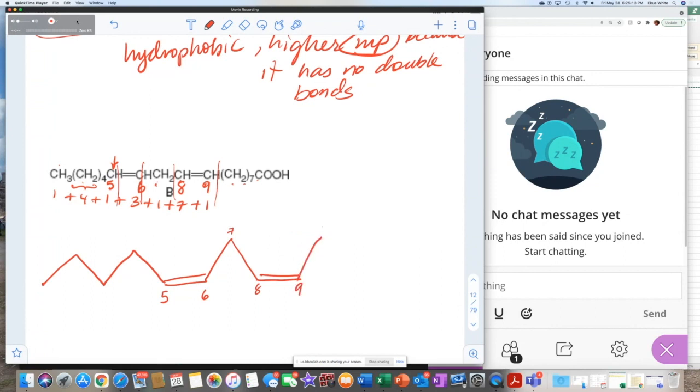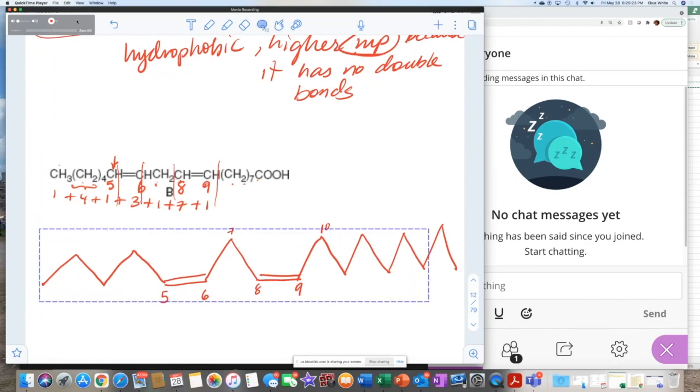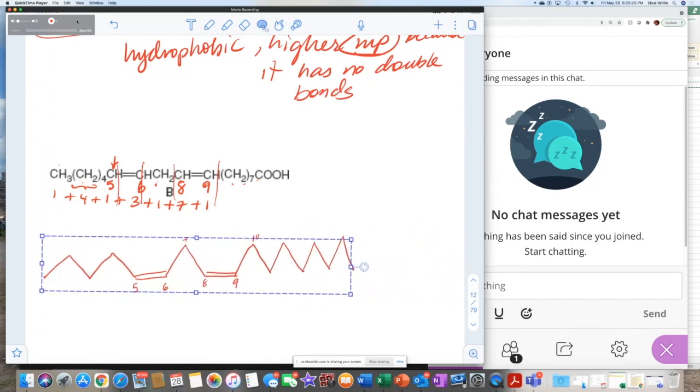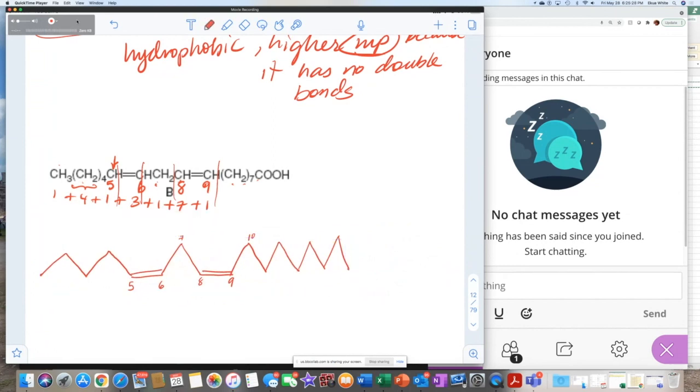8, 9, 10, 11, 12, 13, 14, 15, 16, 17. Let me shrink this a little bit because I used too much space. Okay, 10, 11, 12, 13, 14, 15, 16, 17, 18. Okay, so we have our 18 carbon fatty acid here. That's why I said 18.